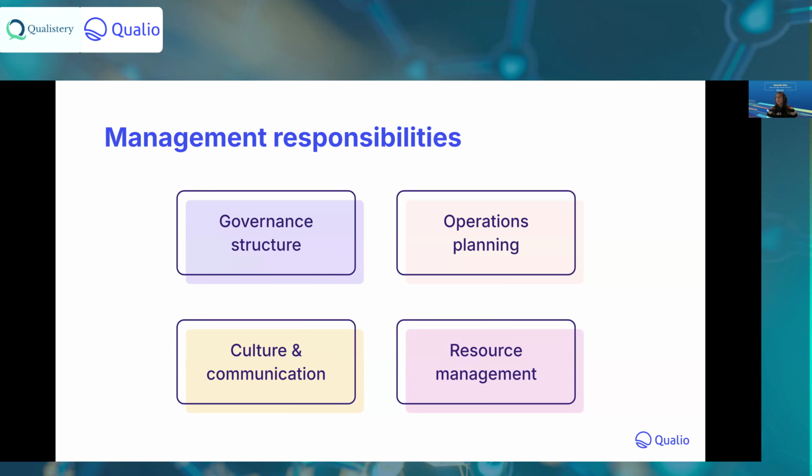They also need to include quality and quality system objectives in their operations planning. It's not always about getting from point A to point B. It's about getting there and planning that out in a manner that includes those quality objectives, includes that risk.